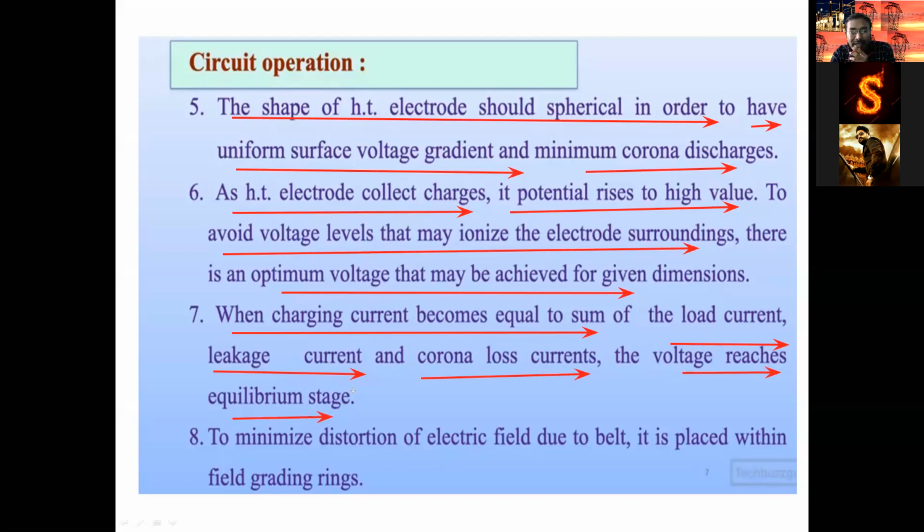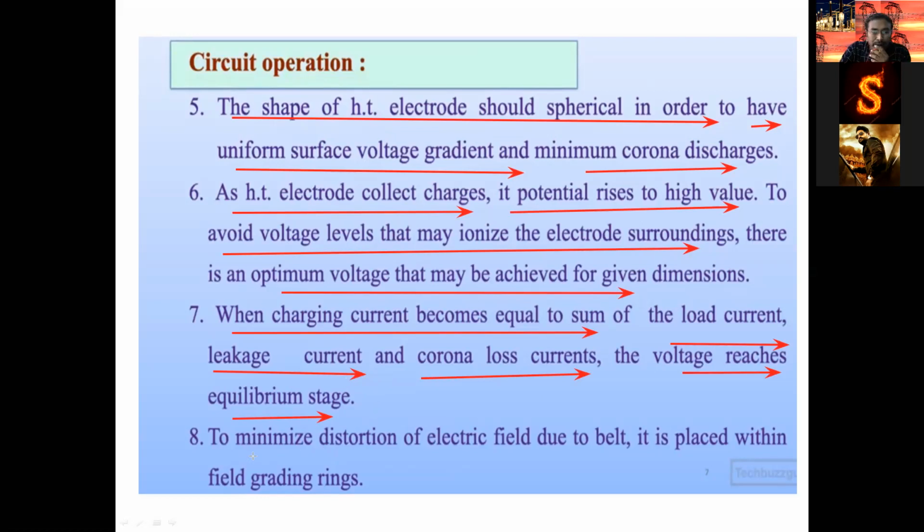If your current increases above the equilibrium state, there is a possibility of discharge taking place. The charging current must be equal to the load current, leakage current and corona loss current. Generally, there is no discharge of positive charges into the air. It must be maintained below the equilibrium state. Then only can the high voltage be stored and generated. Otherwise, it is easily discharged into the air.